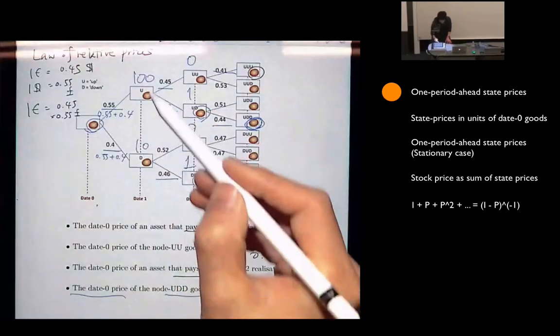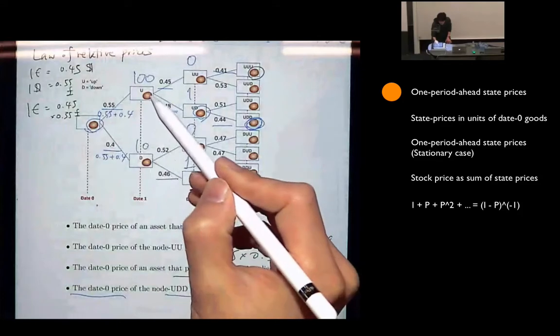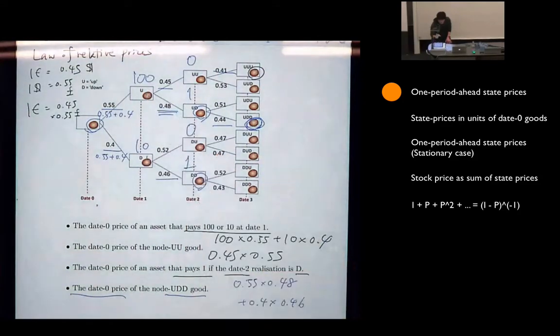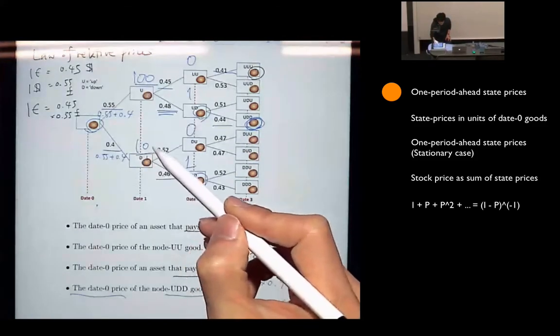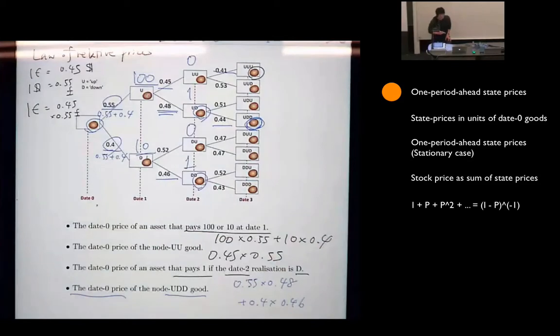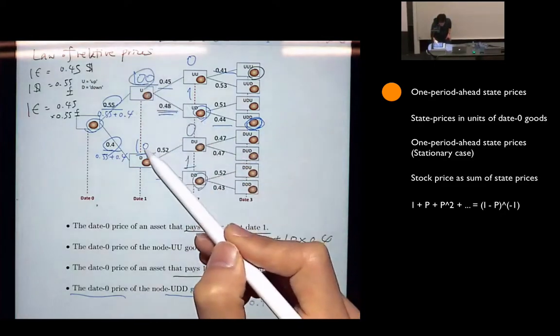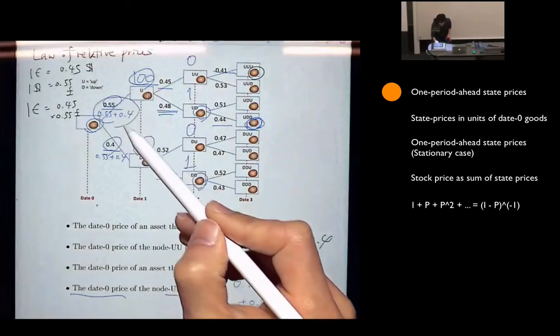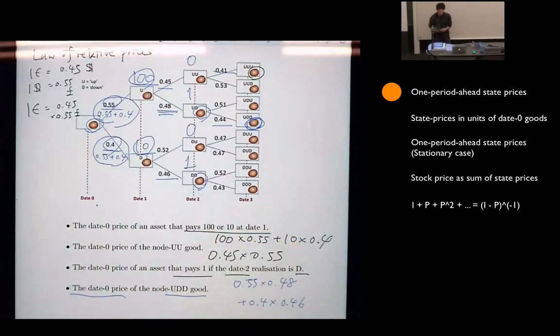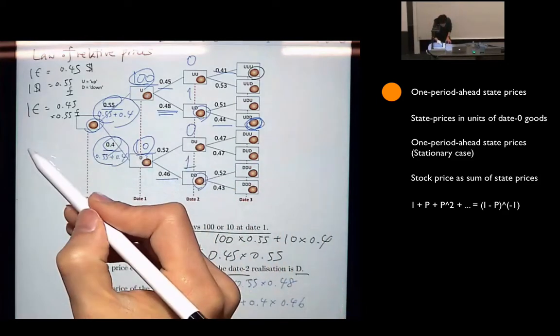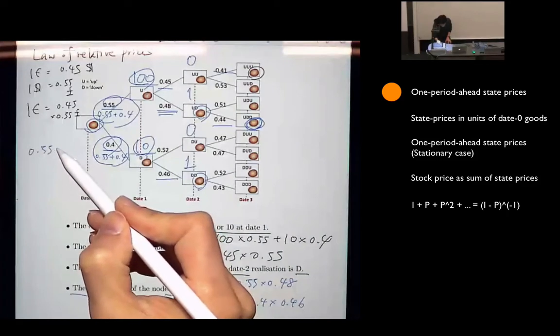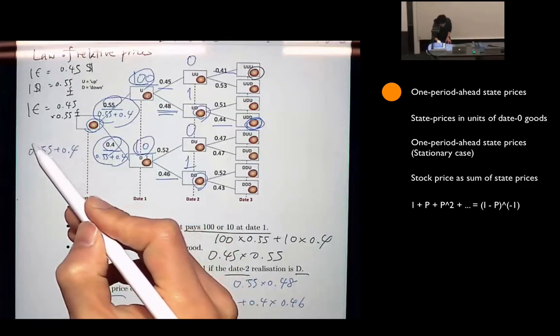So the idea is that the asset price, let's consider again the asset that pays 100 or 10 depending on the realized state. The price of such an asset is quantities times prices. Or equivalently, the price of such an asset is the expectation of the payoff with respect to these risk-neutral probabilities discounted by the risk-free rate.